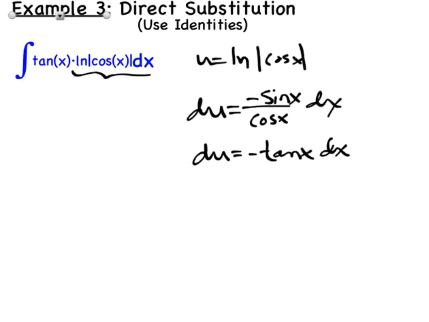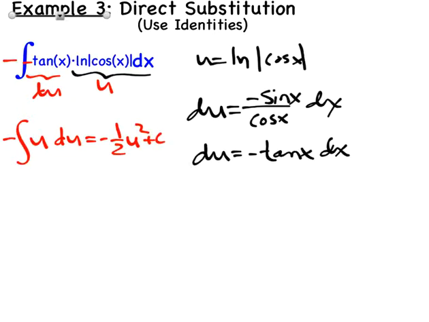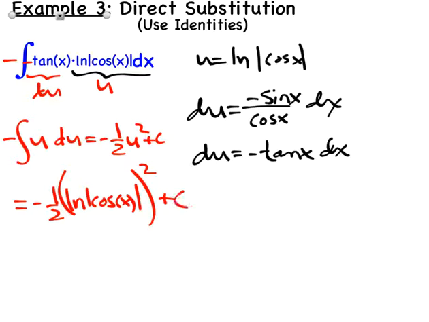We have everything we need to make this work. We put a negative on the inside and the outside. This is our u, this is our du. And once again, we have the negative antiderivative of u, which is negative 1/2 u squared plus c. And this time we'll be putting the natural log of cosine of x in place of u, and this whole thing is being squared.